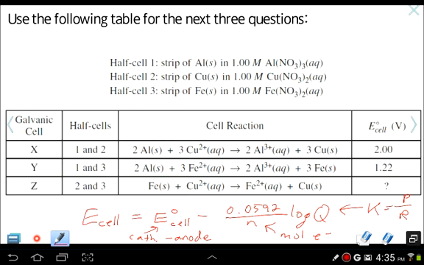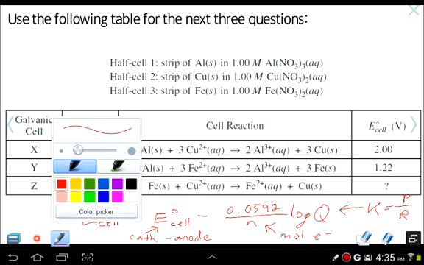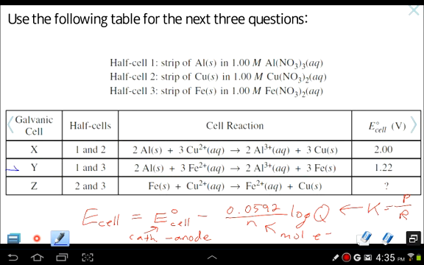So let's take a look first at cell Y. In cell Y, we see that the iron solution is on the left side, on the reactant side, which means it all comes down to Q. Since Q is products over reactants, when we increase the concentration, we're effectively increasing the reactant concentration.